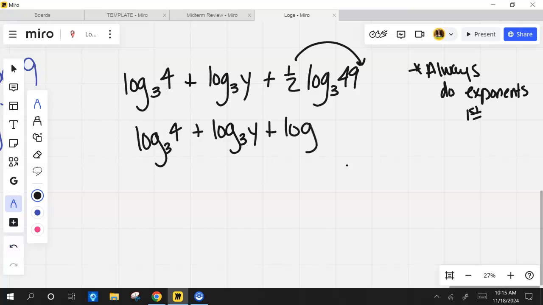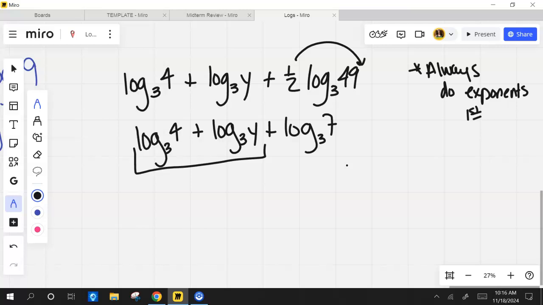Okay, where are you confused? So I always go through this when I'm condensing. To me, condensing is easier than expanding. I do all my exponents first. So anything that's in front, I bring it around and make it an exponent. Then I start combining left to right. I start with the first two and I combine. If I'm adding, that means I'm multiplying.